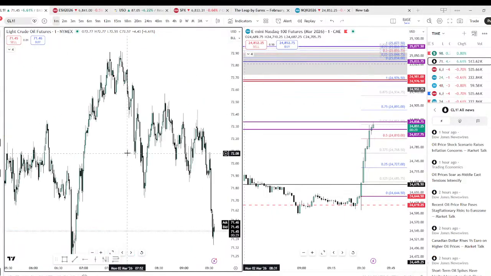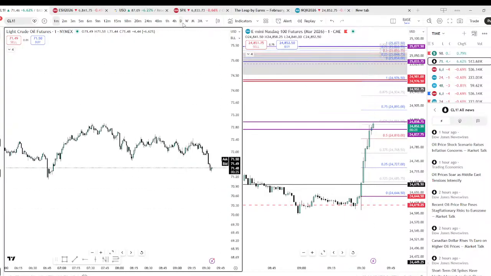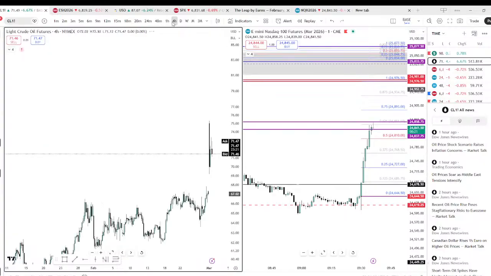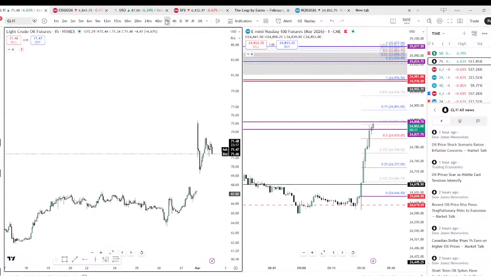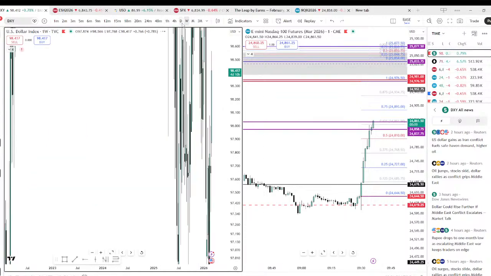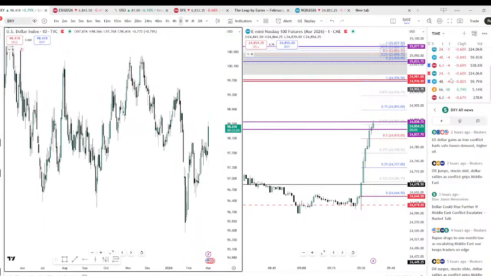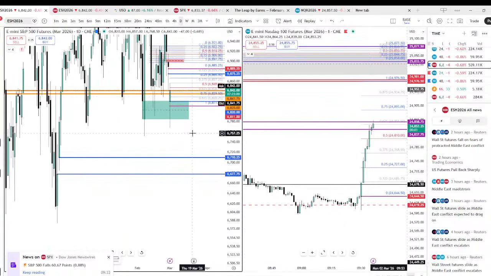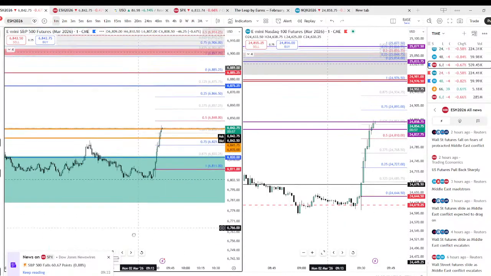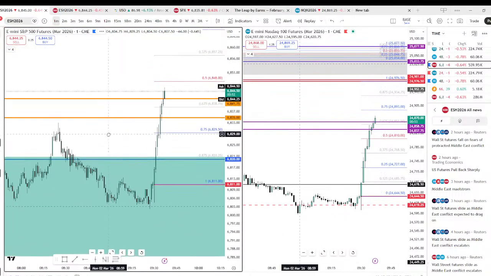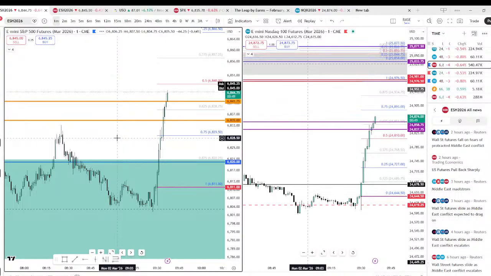How did oil look at the open? Lower prices, as expected. 50%.